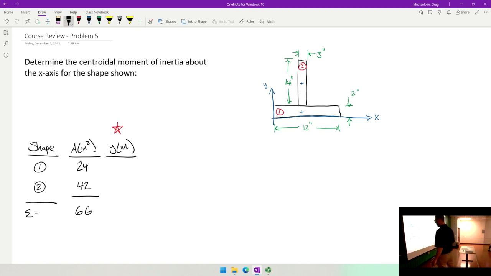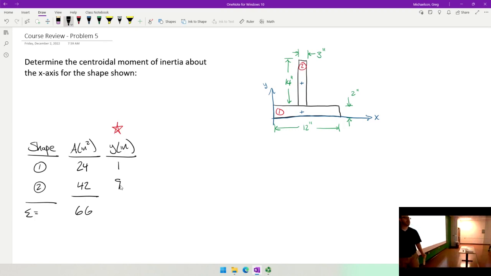1. How far is it from the bottom of the cross-section to that? 9. I cannot tell you how many people on exam 3 looked at that and said 7. It's not 7, it's 9. It's from the bottom, okay?